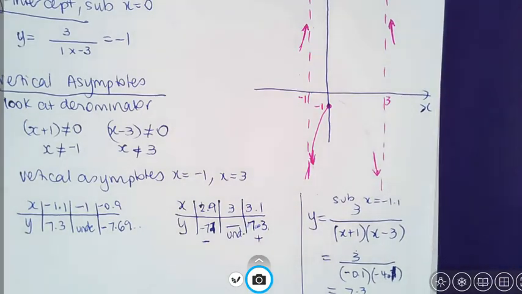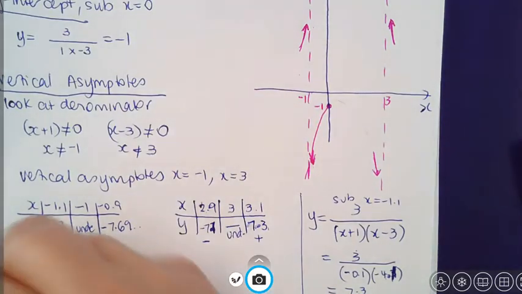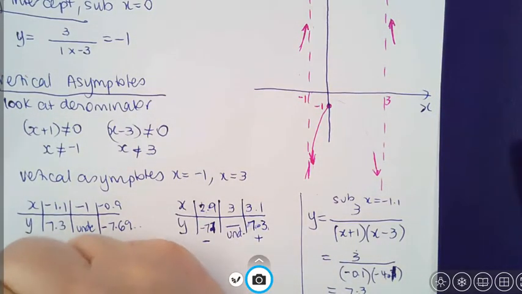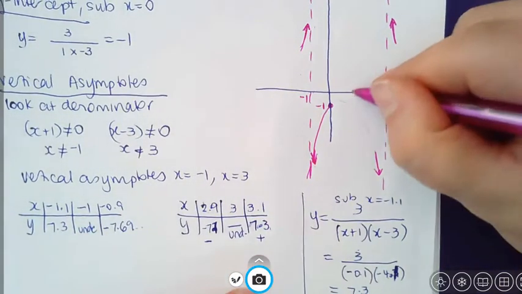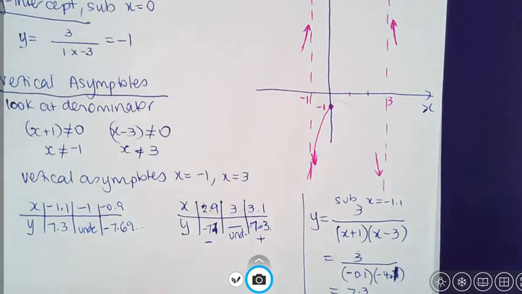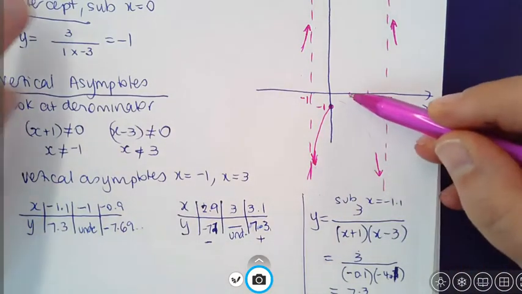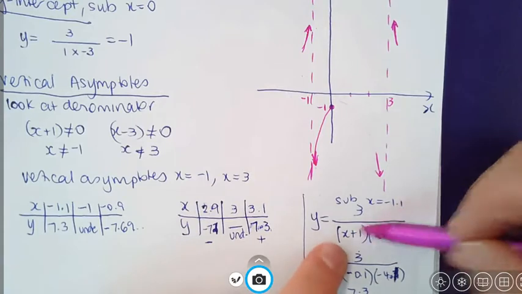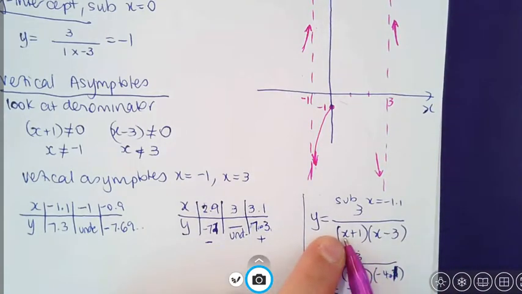Now, I still haven't finished my picture. Look what we did with the other one. Now what you might want to do in here is just do a few values, 1 and 2, for example, or just x is 1. What do you get when x is 1? Here's the equation. I get 3 over 2 times, what do you get?